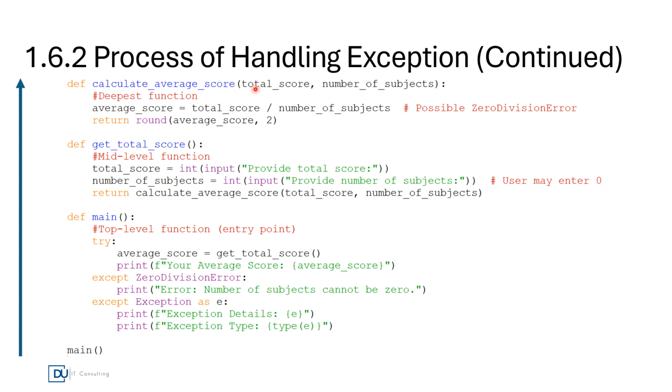It takes total scores and number of scores, tries a division, rounds it to two decimals, and returns it back to the caller. Then this method returns the value back to the main method. In the main method, we are printing the average score. This is the flow.